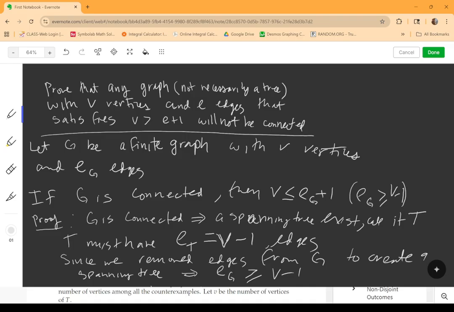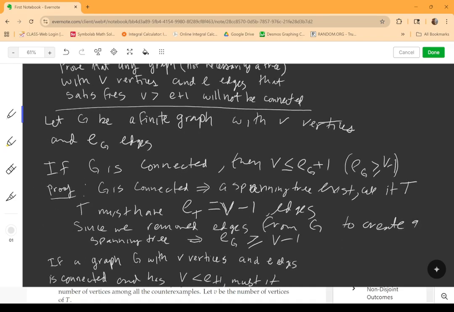Intuitively, that makes sense with our examples, but again, those are just examples. If we have two vertices in the graph and one edge, and we add one more, the minimum we need to connect it is one edge. So we at least need that to be V minus 1.